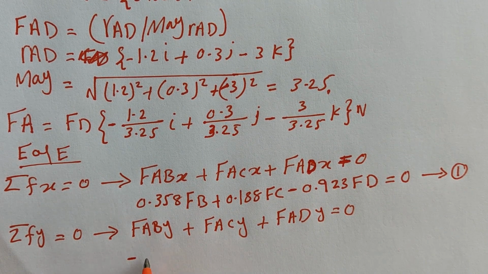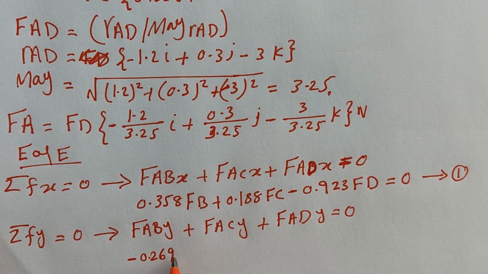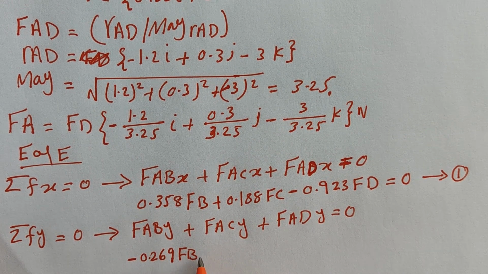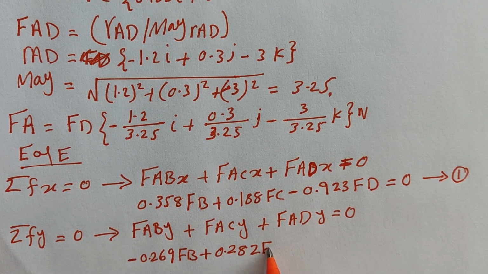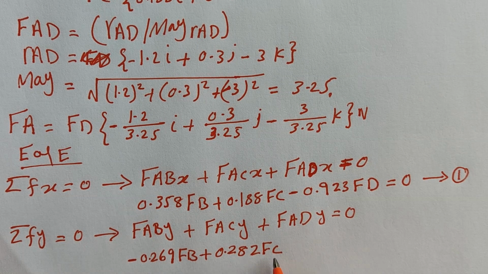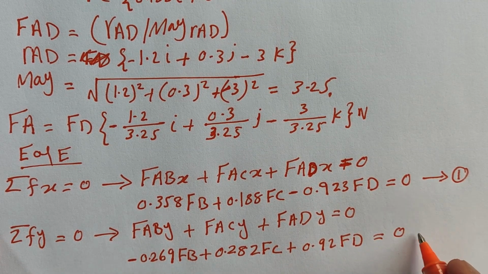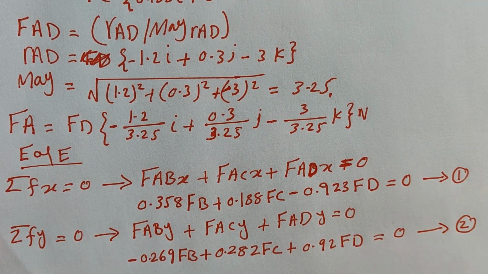We have negative 0.269 FB, plus 0.282 FC, and finally for this one here 0.92 FD, all of them should equal 0. Let's take this to be our second equation.